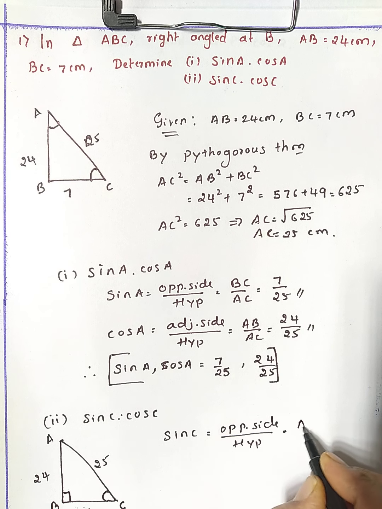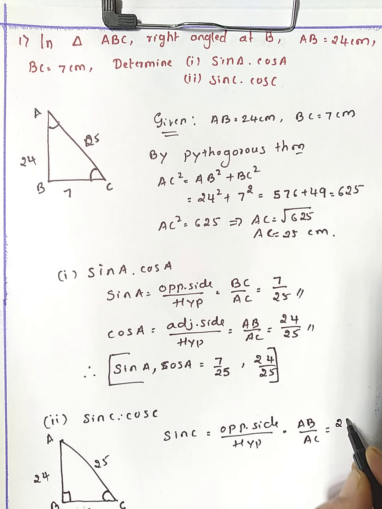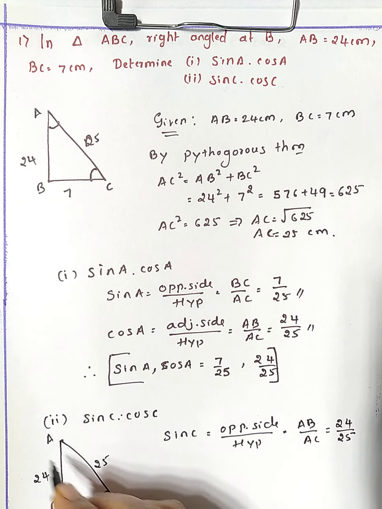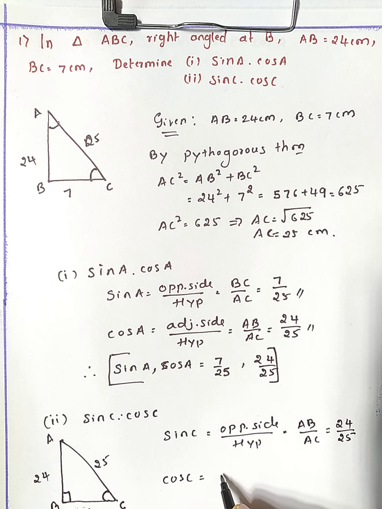AB upon AC, that is 24 by 25. And cos C. Cos is adjacent side upon hypotenuse.